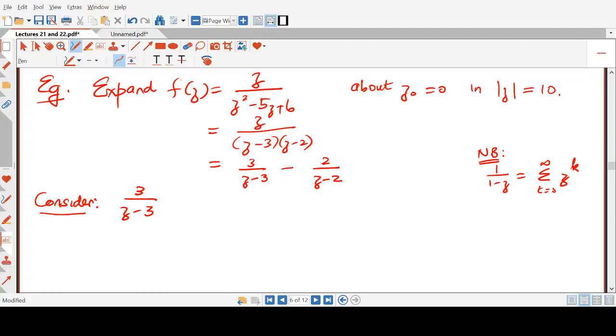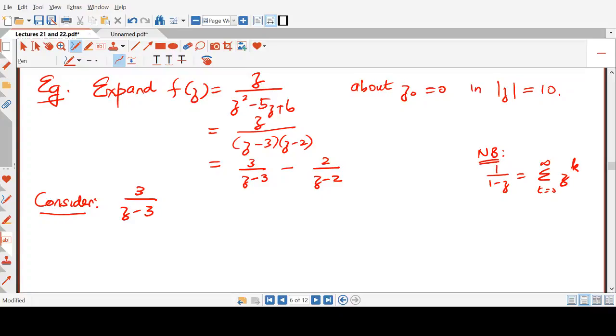We know that. That's the geometric series formula. I just put that up earlier also: 1 plus z plus z squared plus z cubed, etc., boils down to 1 over 1 minus z. Now I need to massage this to look like that, so I can then get z to the power k.